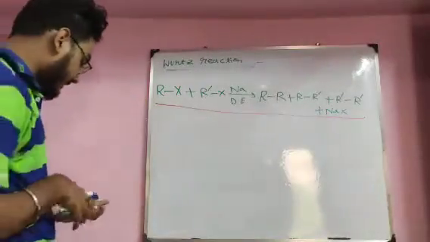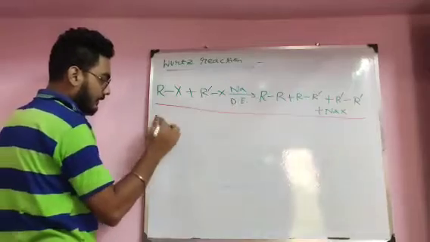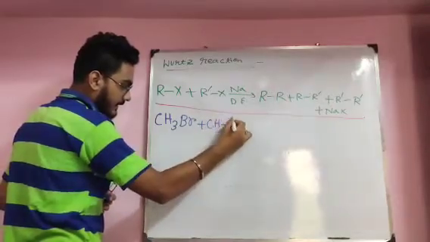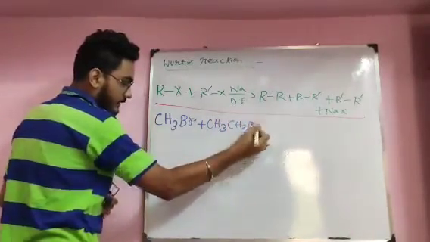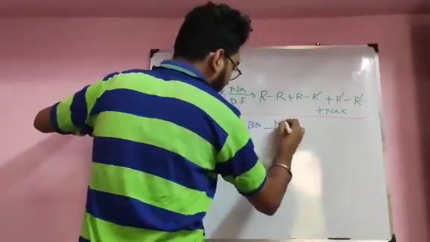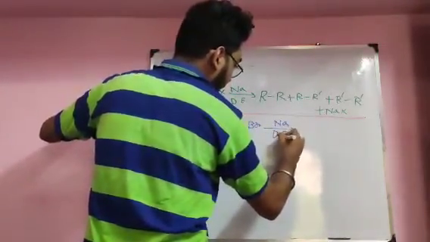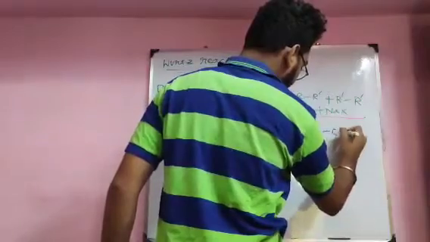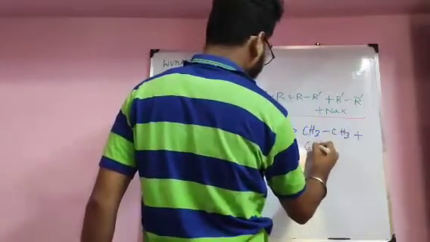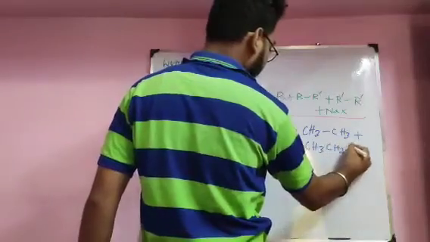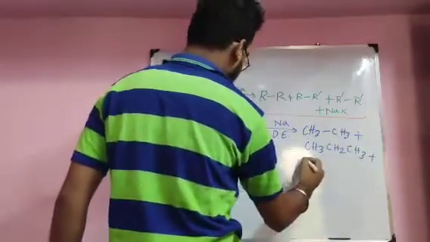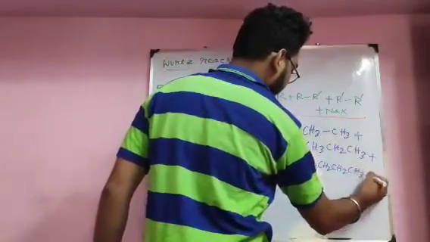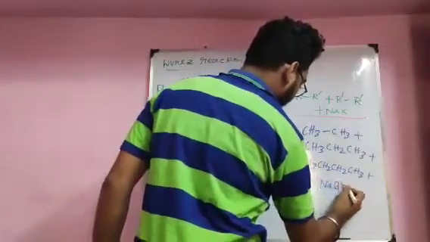Now we take an example: CH3Br plus CH3CH2Br, if we give sodium and dry ether, then the product will be CH3-CH3 plus CH3CH2CH3 plus CH3CH2CH2CH3 plus NaBr.